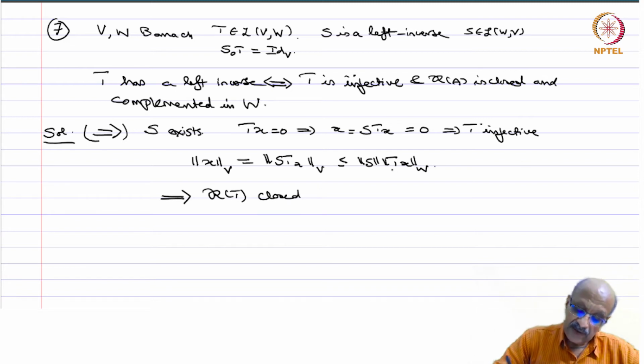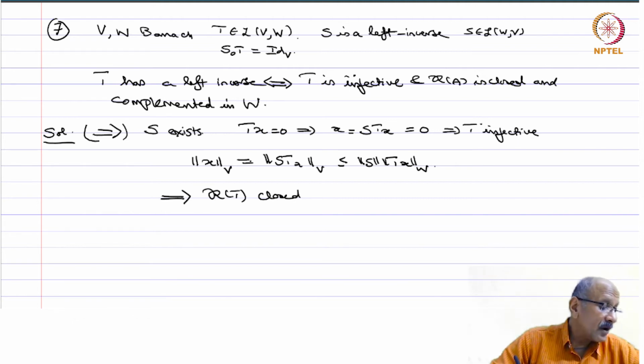Why? You take any sequence in the range of T which converges, that sequence is Cauchy, which means xn is also Cauchy, and by continuity you will be able to complete the proof. Okay, so range of T is closed whenever you have bounded below. Okay, so that is automatic.